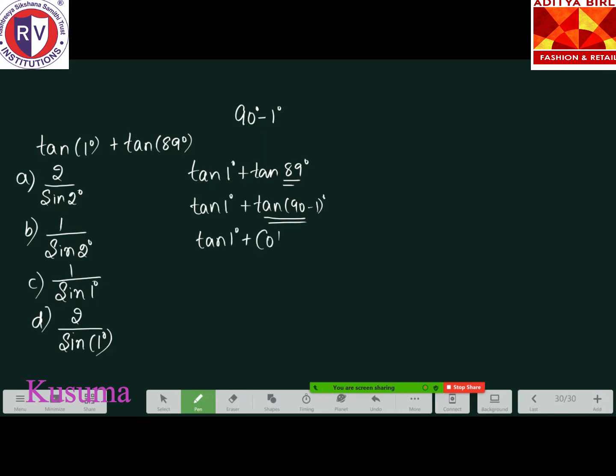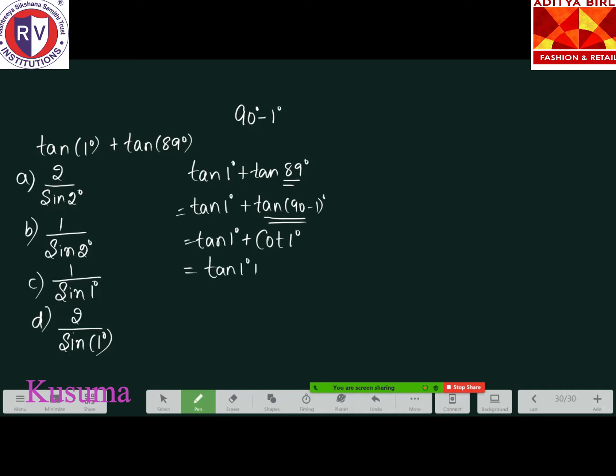So we can write it as cot 1 degree, right? Tan of 90 minus theta is cot theta. So here there is 90 minus 1 degree. Therefore it will be cot 1 degree. And once again, we can write cot 1 degree as 1 by tan 1 degree.